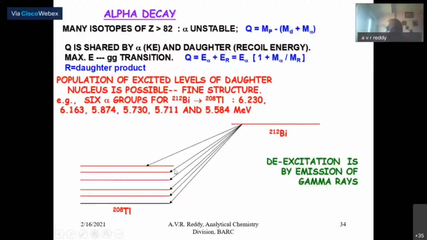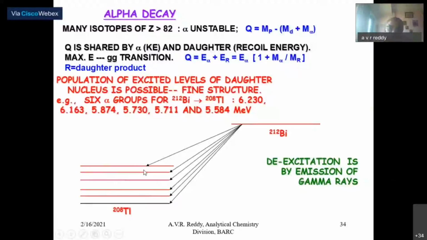Now you have to understand this: though these gamma rays are associated with the structure of 208 thallium, that is the daughter product, they are always attributed to bismuth as bismuth gamma rays, because those gamma rays are seen only when alpha decay of 212 bismuth takes place. So this is useful information: by measuring either the alpha decay energies, we can get gamma rays, or from the gamma ray energies itself, we can get back to the alpha energies.